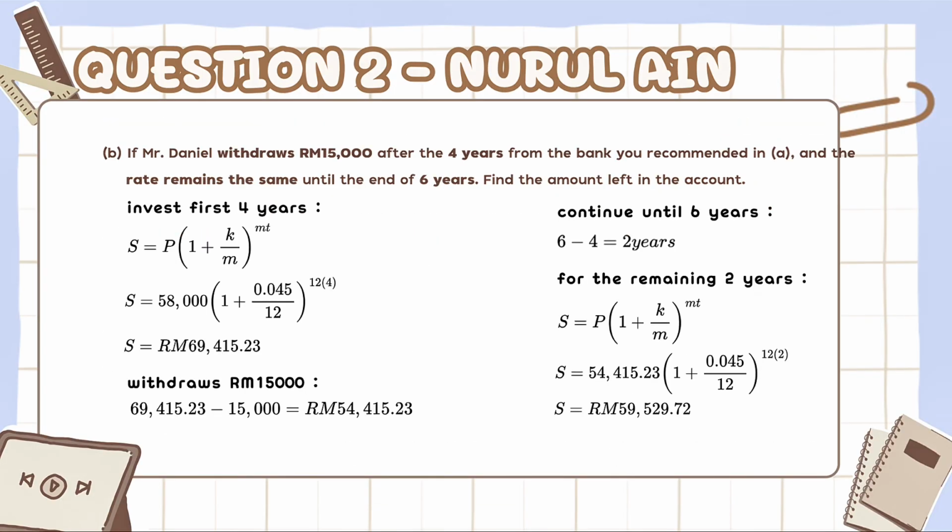For question B, if Mr. Daniel withdraws RM 15,000 after 4 years from the bank you recommended in A, and the rate remains the same until the end of 6 years, find the amount left in the account. Since I recommend Mr. Daniel invest in Omega Bank, the information that we gather is from the question before.